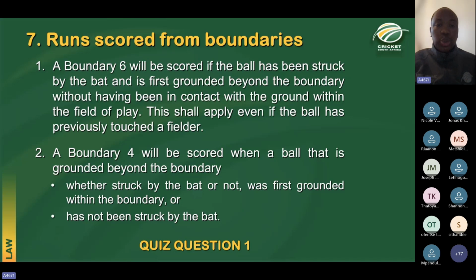So which 2 signals will the bowler's end umpire make? Type in Q1 and your answer, listing the 2 signals that the bowler's end umpire should make in that scenario.